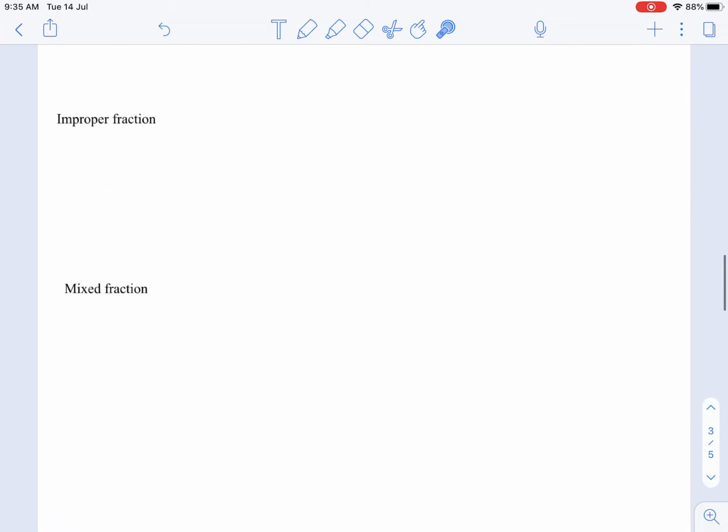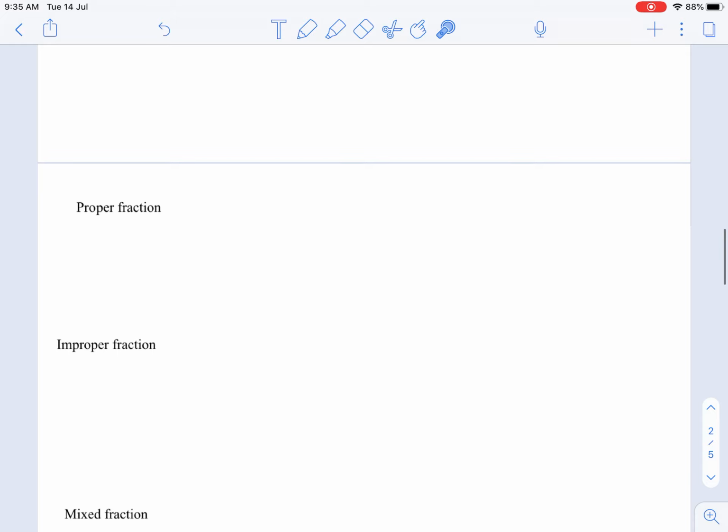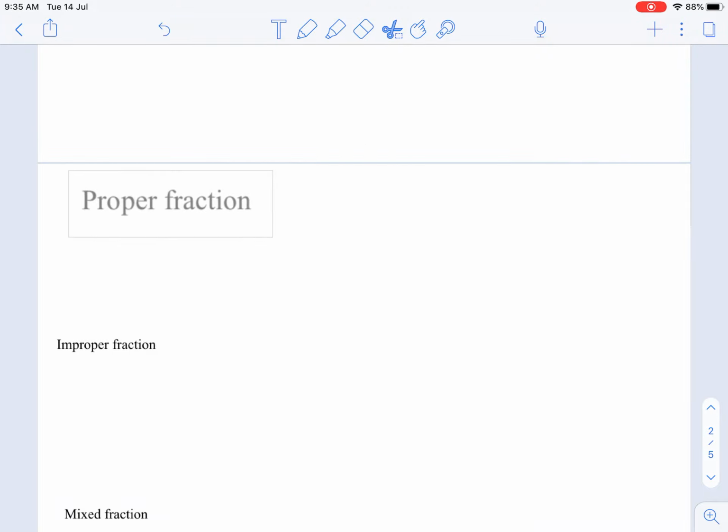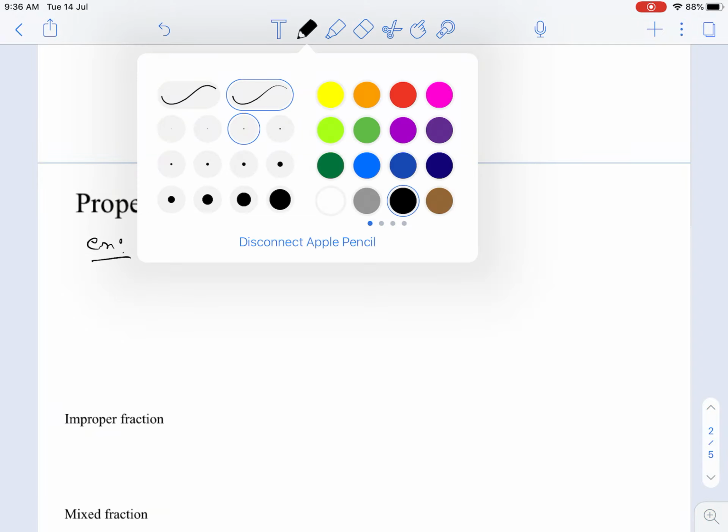Now our first type of fraction is the proper fraction. What is a proper fraction? A proper fraction is a fraction in which the numerator is always less than the denominator.